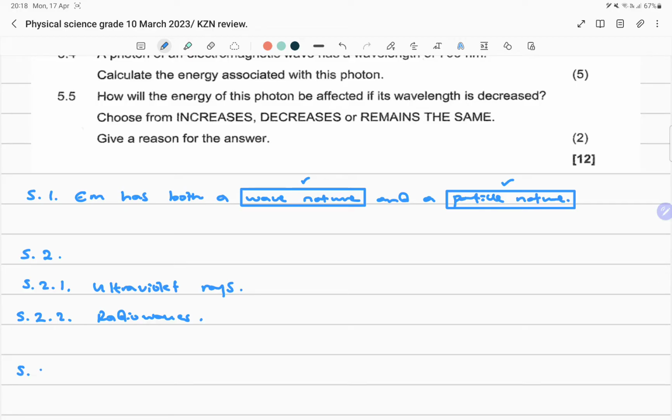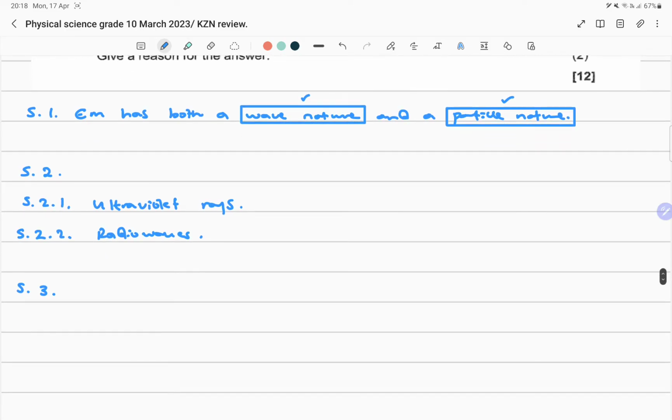So 5.3, it can cause severe DNA damage to cells, leading to cancer, or development of cancer.